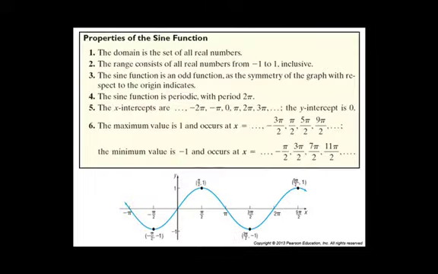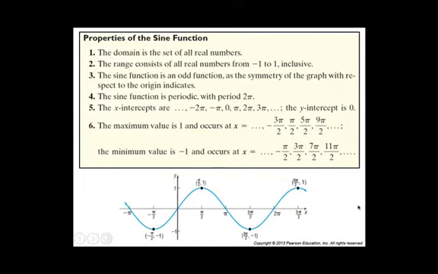We've identified this already, the properties of the sine. But as a good refresher, we can say that the range and the domain consist of all real numbers. And in the range's case, it goes from -1 to 1. We know that the x-intercepts are found on the negative pi, 0, pi, 2 pi, points of the axis.